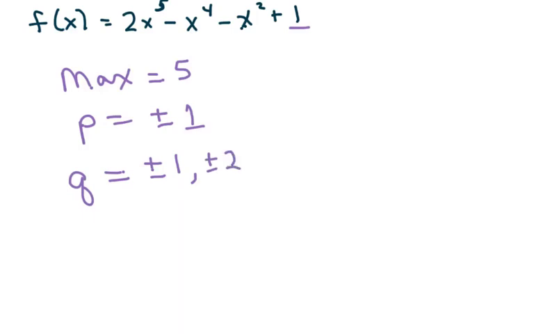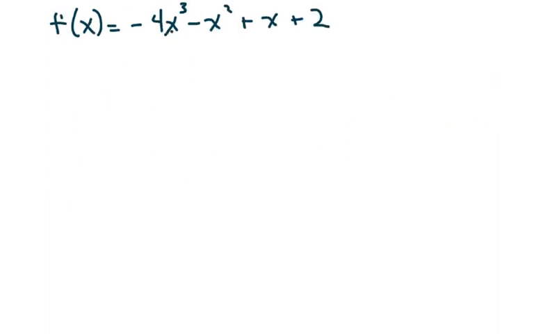So when we do P over Q, I'm going to put the plus and minus in front, and then we just divide. So that's going to be plus or minus 1 and 1/2. All right, and then I think this is the next one. We have negative 4x cubed.